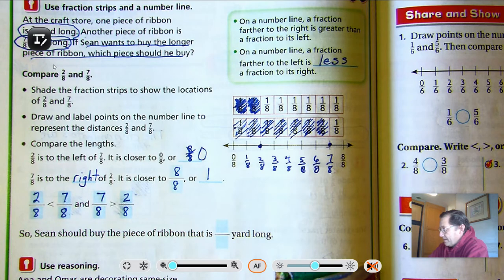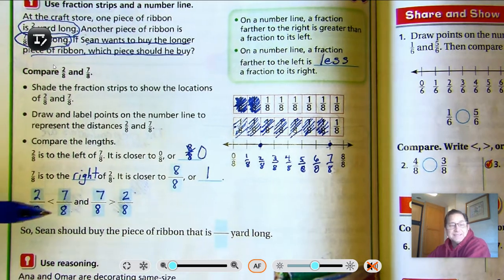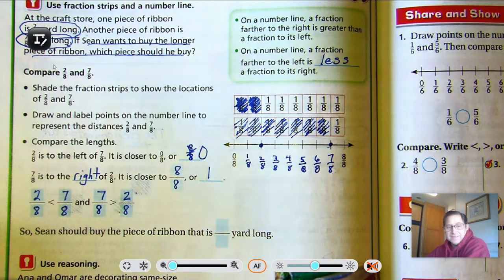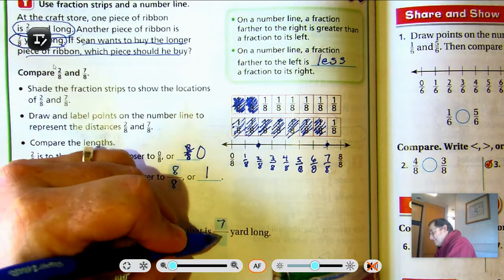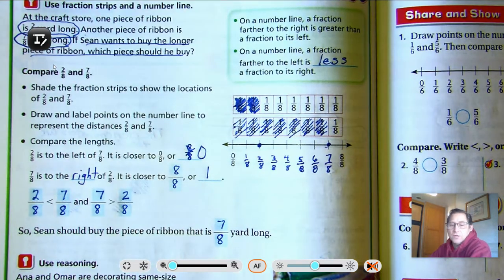So Sean should buy, I'm sorry, 2/8 is less than 7/8. And 7/8 is also greater than 2/8. So Sean should buy the piece of ribbon that is 7/8 yard long.